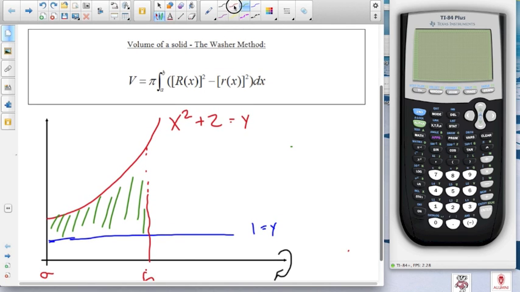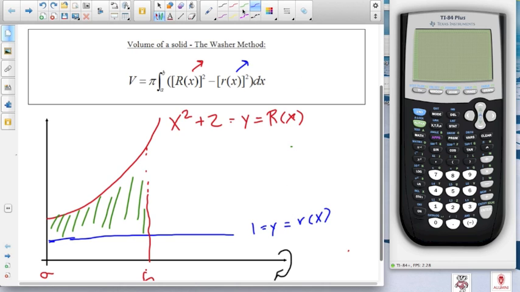The function capital R here is going to be the function that is farther away from the axis of rotation, and this function lowercase r is the function that is closer to the axis of rotation.